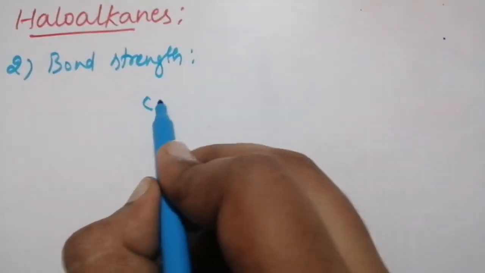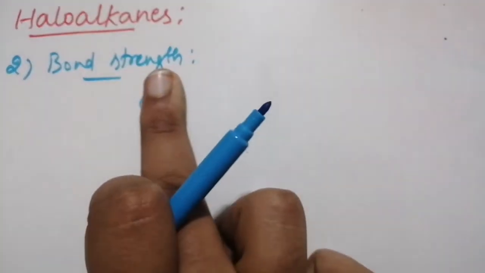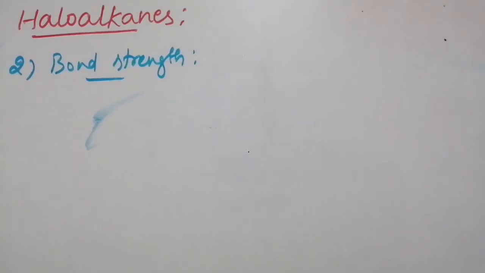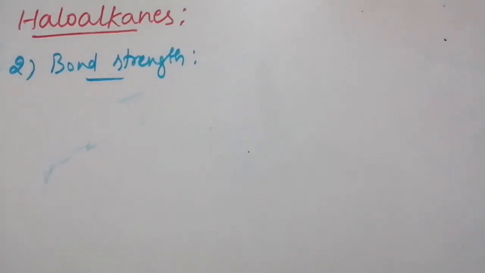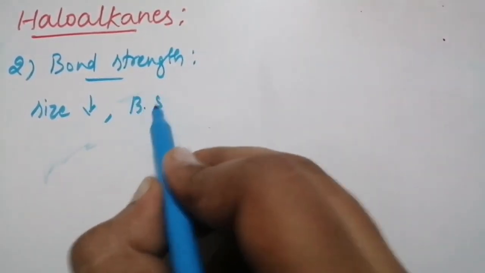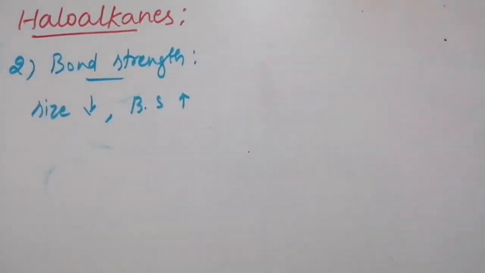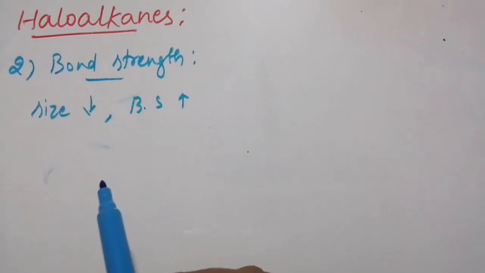It is how much strength the bond between atoms, like a C-X bond, has. In the case of haloalkanes, if the size is less, the bond strength will be more. It is common sense: if size is more, bond strength will be less, because you cannot hold such a big atom with a small group of atoms. If size is less, bond strength will be more.